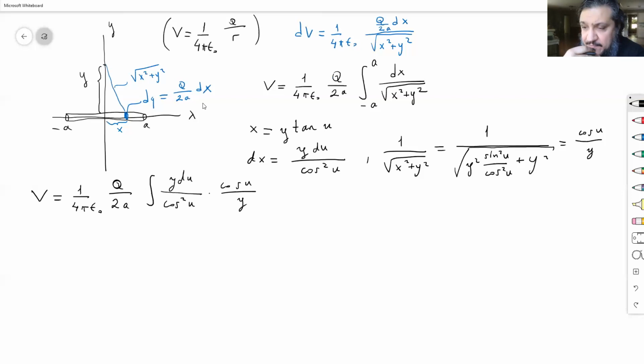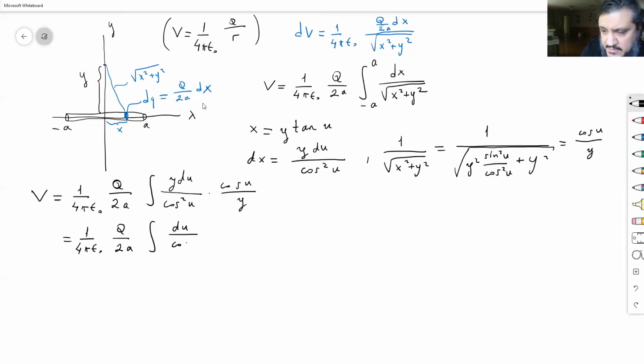Just checking, did I forget any y's here? Okay, I think that's it. So basically, my integral is q over 2a times the integral of du over cosine u. Okay, so I will need another substitution here to solve this integral.